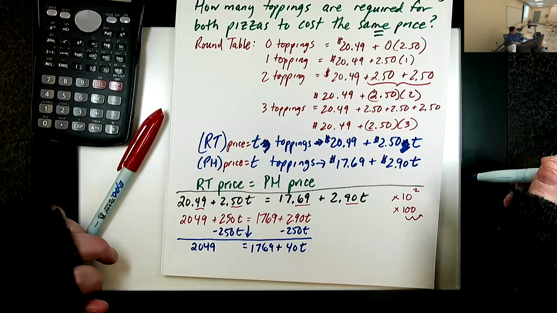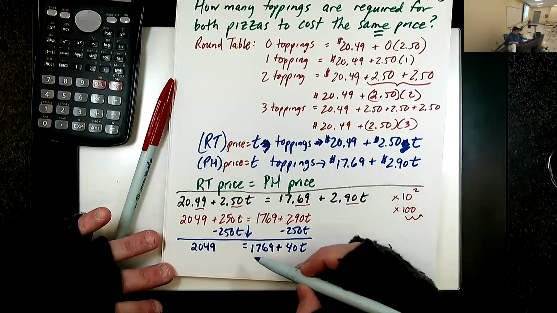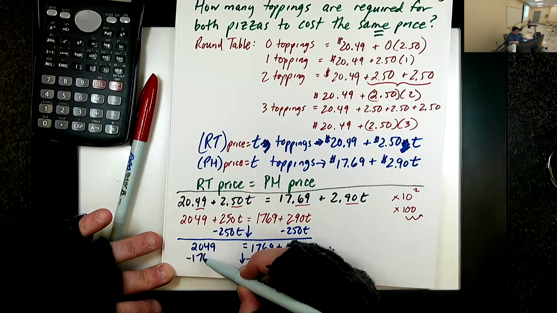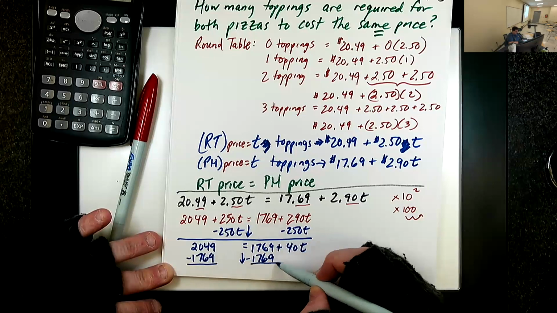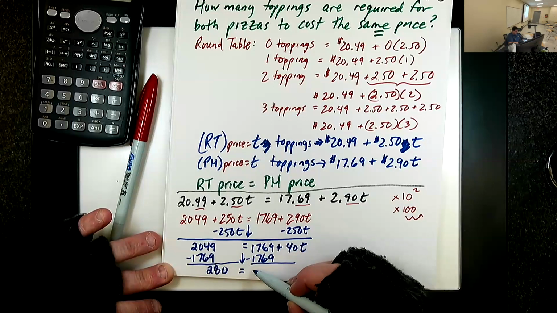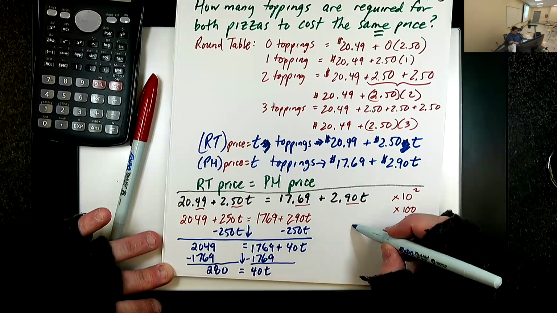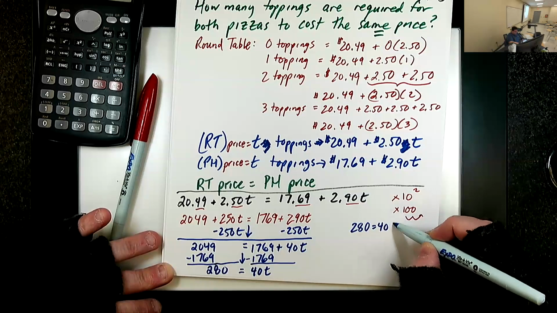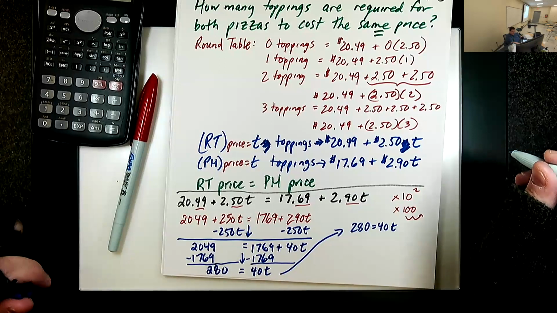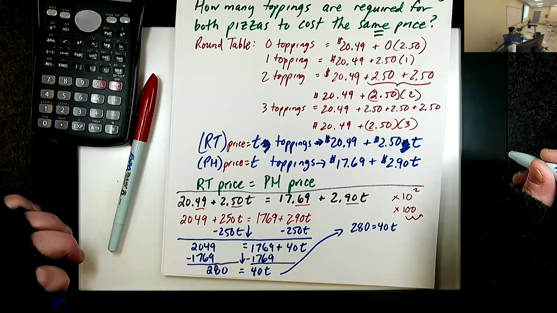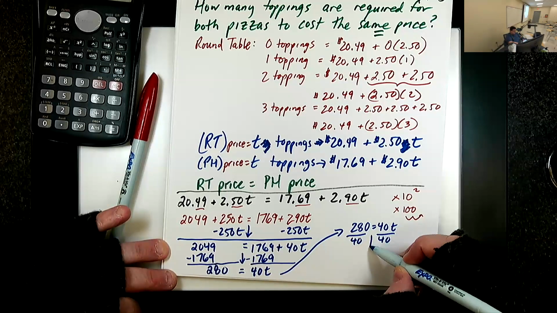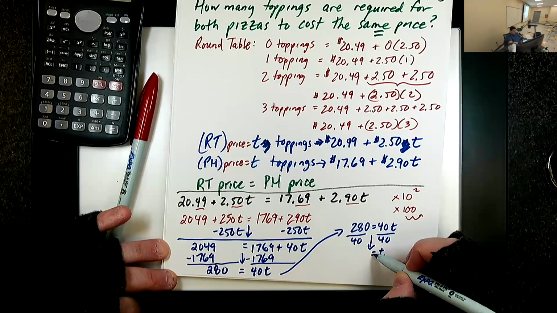Now we look like we did before, but we have a t instead of an x. So we want to get the t by itself. We subtract the 1769 on both sides, and we get 280 on the left and 40t on the right. I'm going to rewrite this up here where I have a little bit more room. Finally, I divide by 40. And I get t equals 7.